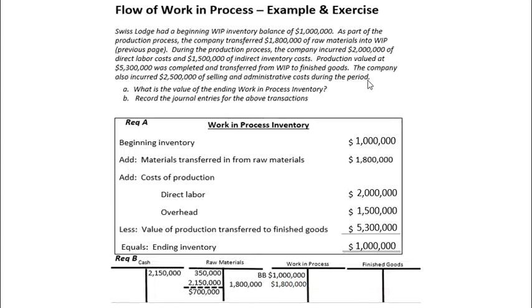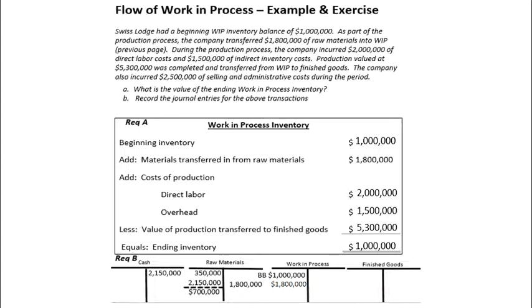Now this is put in as what I call a distractor, because remember, production costs are those costs that go into inventory, and inventory consists of materials, work in process, and finished goods, and those are all on the balance sheet. All those product costs go into inventory.